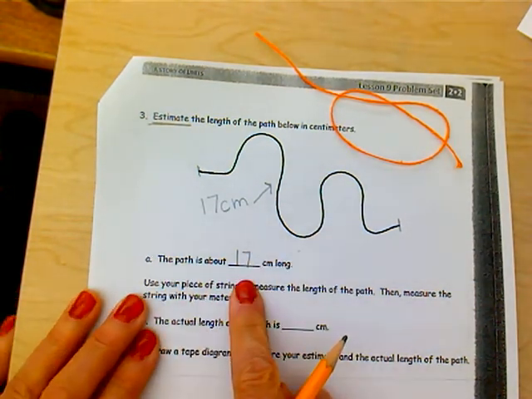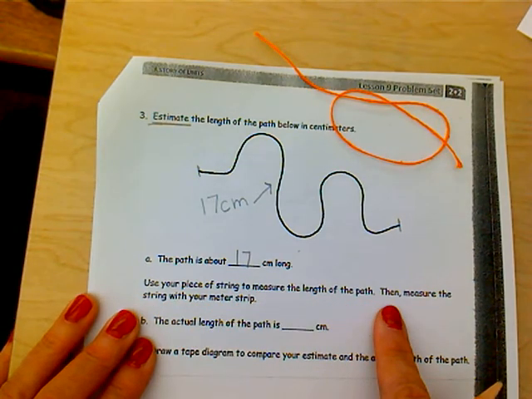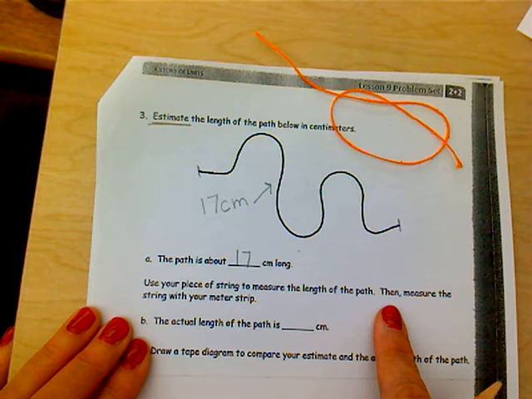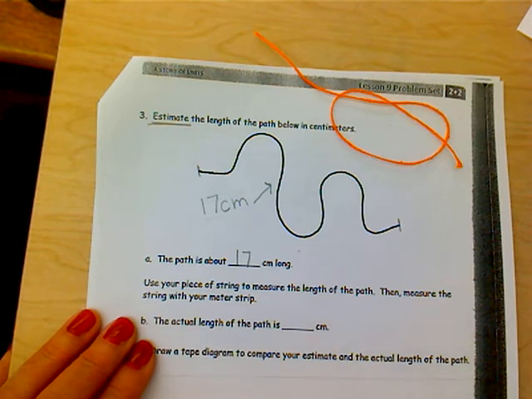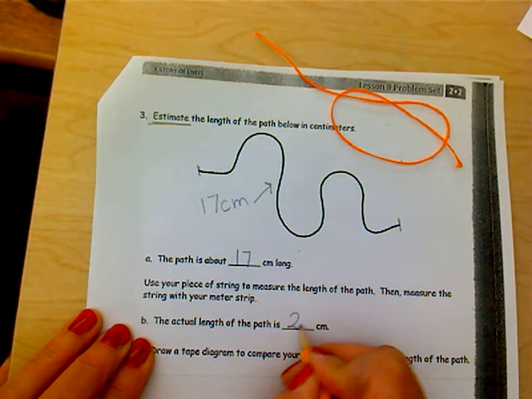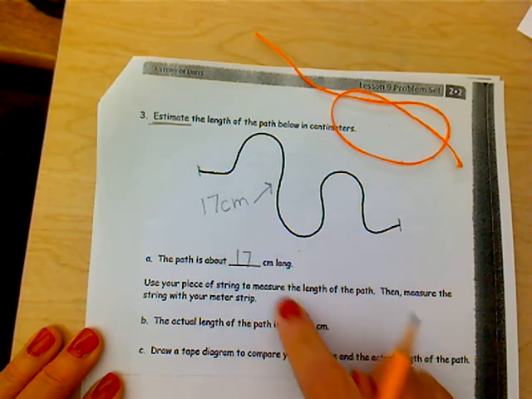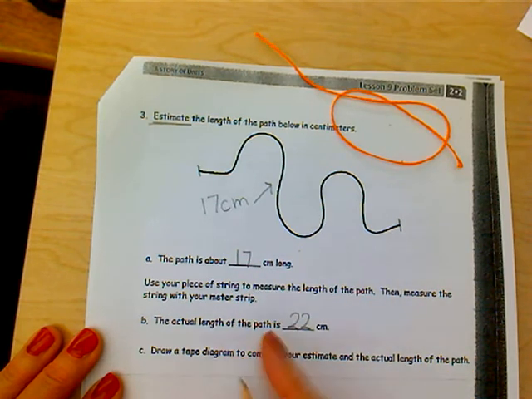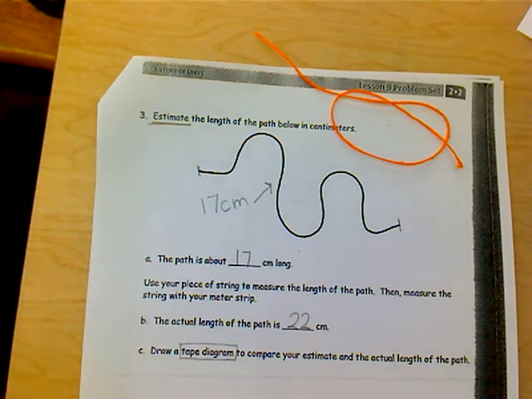That's the first piece of information you're going to need. Then you're supposed to use the string and measure the path, and then measure it with your meter strip, which you may or may not have. But I'm going to tell you that the actual measurement is 22 centimeters. You're going to need these two measures to compare using a tape diagram. Okay, a tape diagram is a bar model.